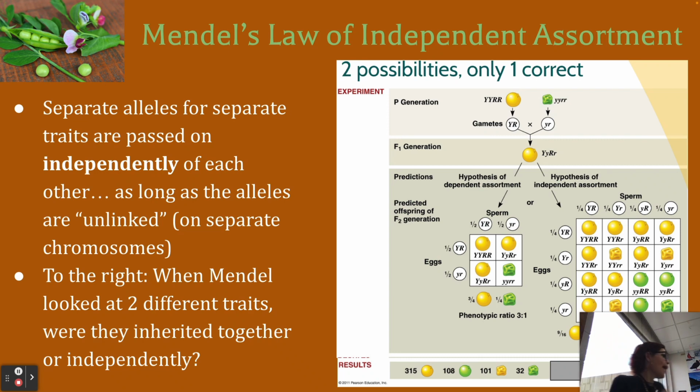If they're both on chromosome A, then it's not separate, then it's not independently assorted. So it says to the right, when Mendel looked at two different traits, were they inherited together or independently? So we've got the trait for the color of the pea plant. It could be either yellow or green. And we've got the trait for the shape of the pea.